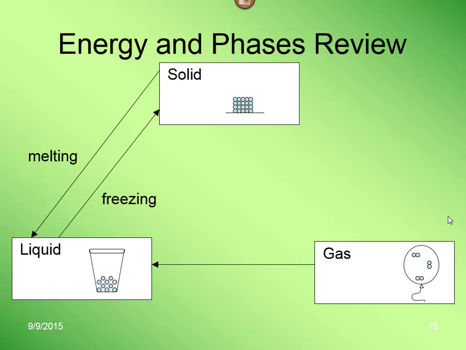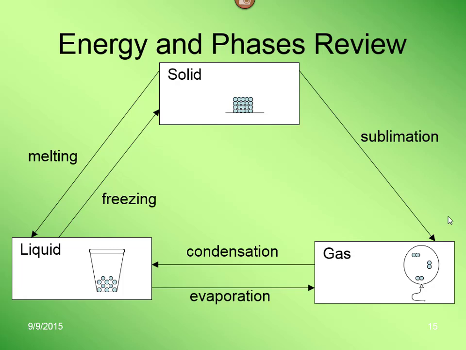Condensing. Make sure you know these for Friday. Back the other direction would be evaporating. And the 2 that are the hardest to remember, solid to gas is sublimation. Gas to solid is deposition.